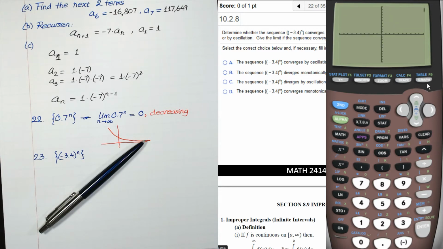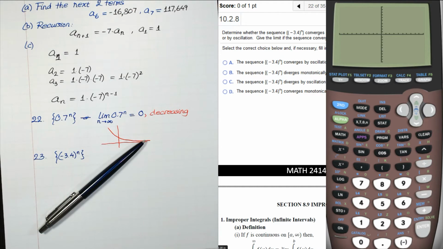It might look weird here. Do you see anything? Nope. Maybe we need to change to something. It is bigger than 1, so let's just say 1.4. Maybe it's easier to see.